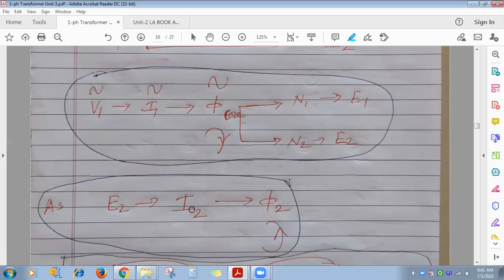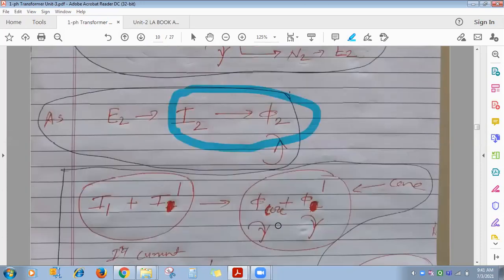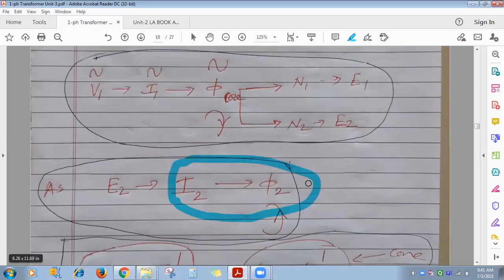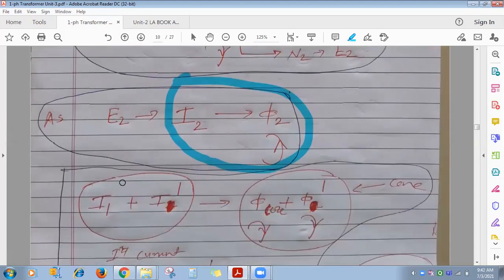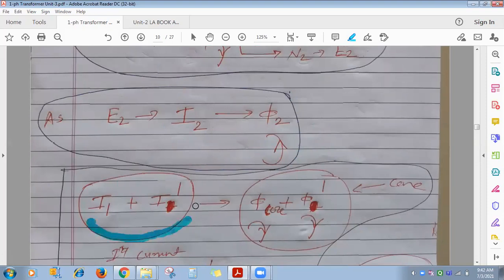Now the moment I2 produces flux phi2 in the anti-clockwise direction, what happens on the primary side of the transformer? Up to this moment, only I1 was flowing, isn't it? The moment I2 produces phi2 in the opposite direction, the primary takes additional current. See here, the primary is now taking additional current I1 dash.